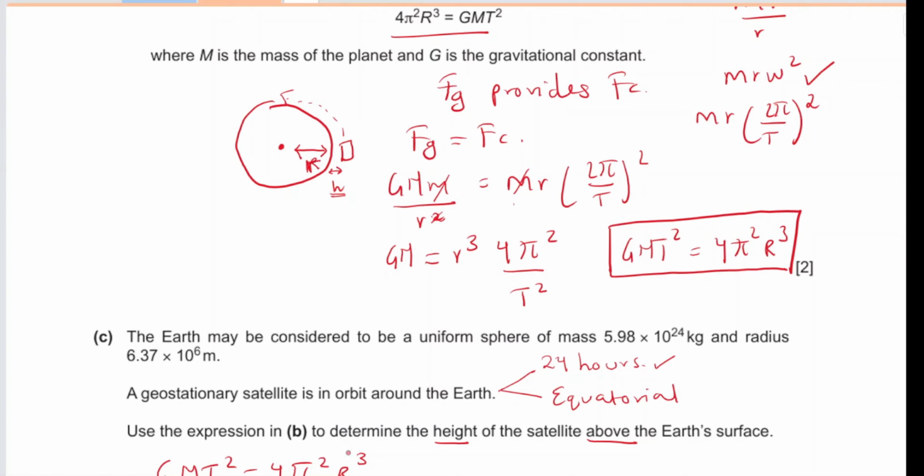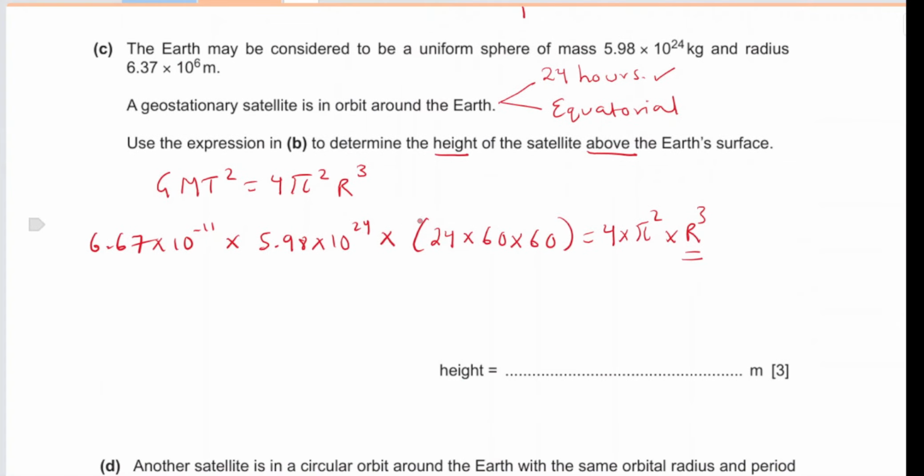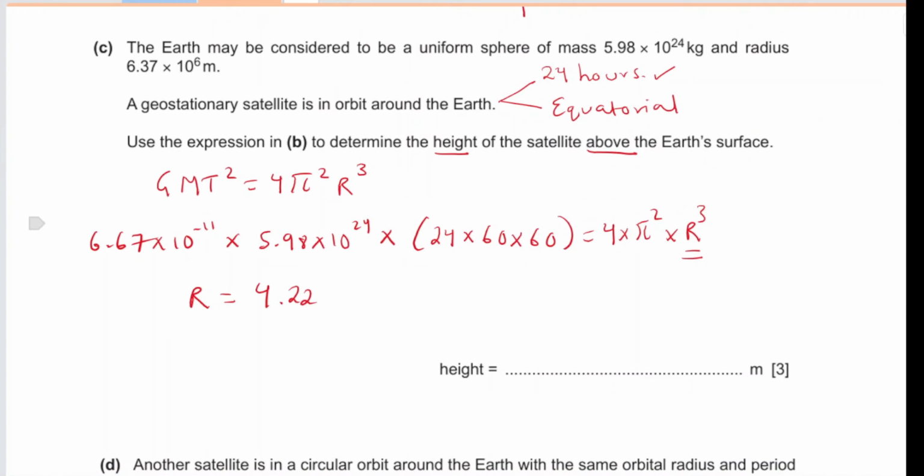But the r in this formula is the distance between the satellite and the planet, so between here until here. And this small r is specifically just the planet itself, okay? And here they've given you the radius of the Earth. So doing this calculation gives you r to be equal to 4.22 times 10 power 7 meters.